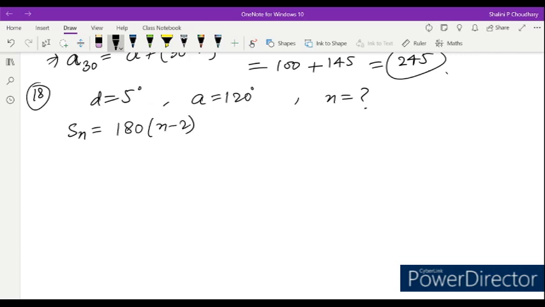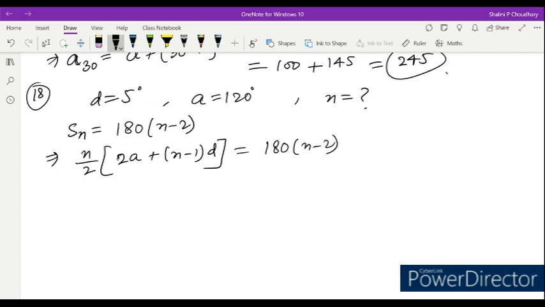So the sum of all the angles of the polygon will be equal to 180 into number of sides minus 2. Okay, and as we know the sum Sn will be equal to n upon 2 multiplied by first term and last term, but we can't use this formula because last term we don't know. So we'll write 2a plus n minus 1 into d, and that will be equal to 180 into n minus 2. So here we'll break this, n upon 2 multiplied by 2a.